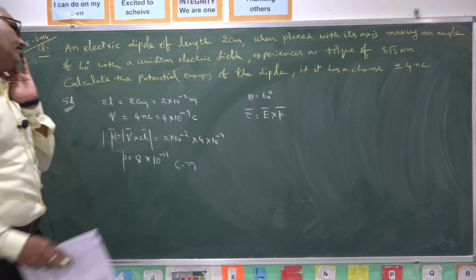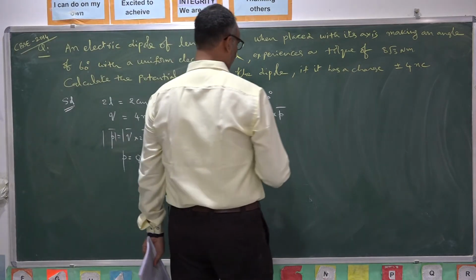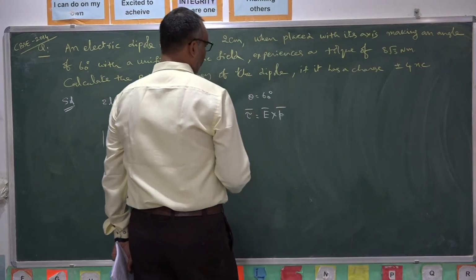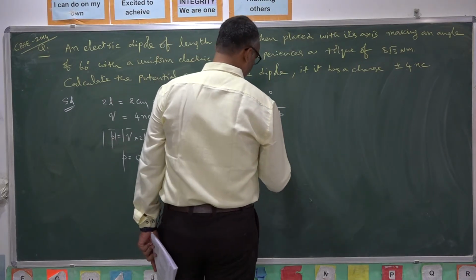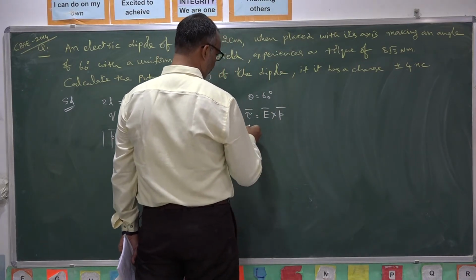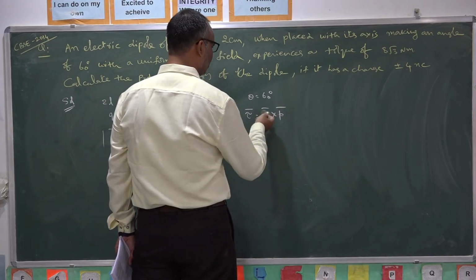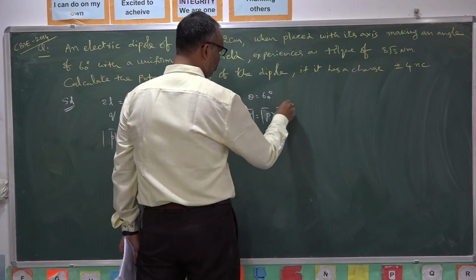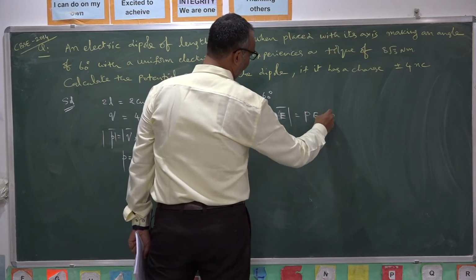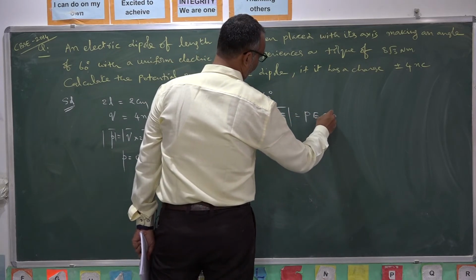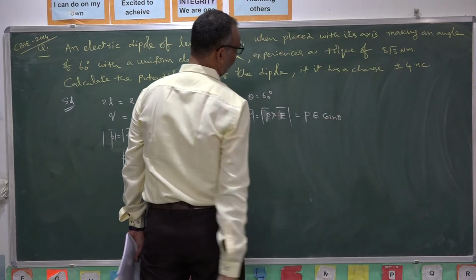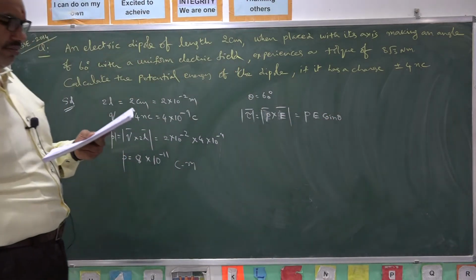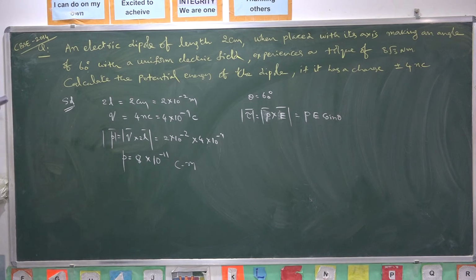So, the magnitude of torque is given by P bar cross E bar. If I take only magnitude, it is PE sin theta. Just now we calculated the P value.